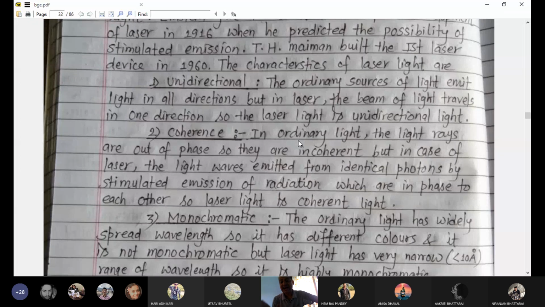So the photons are in phase with each other. So we can say that laser light is coherent light, but ordinary light is not coherent. That is another difference between ordinary light and laser light.